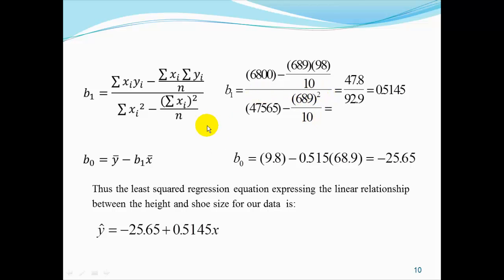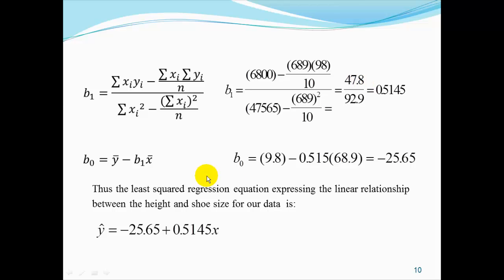But it's divided by n, which for our problem is 10. I strongly suggest that you compute the top part first and get a value, and then compute your denominator and write down your value. But ultimately, our value for B1 in this problem is 0.5145.